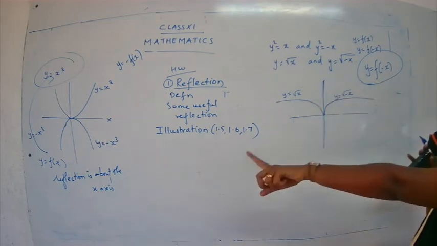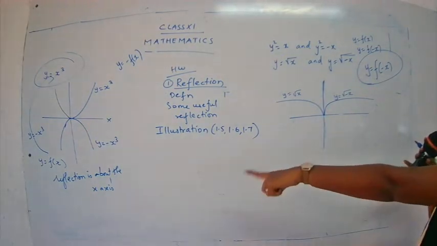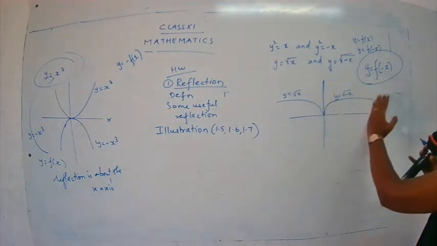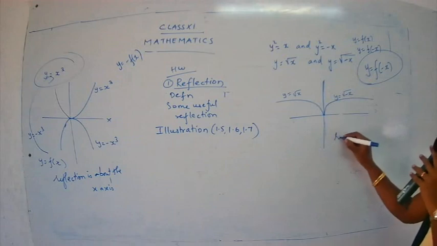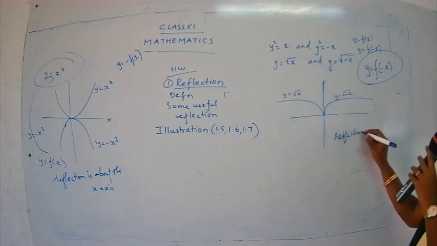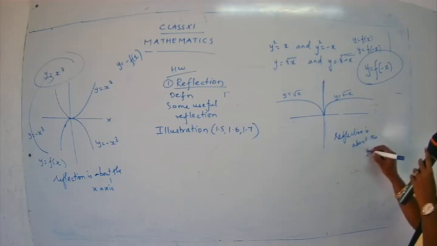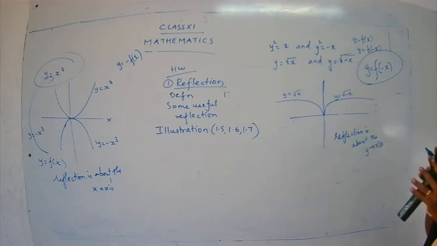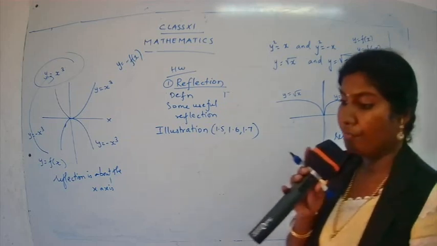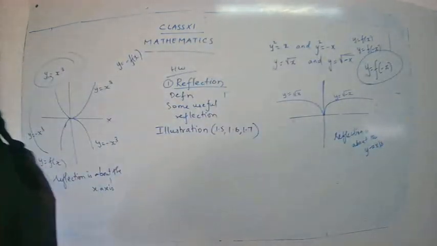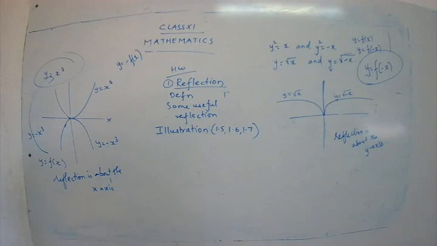In the previous case we have seen the reflection about the x-axis. Now how is the reflection going on? About the y-axis. Is it clear? Okay, good. Now we have one more point to be seen. The last one. What is the last one?